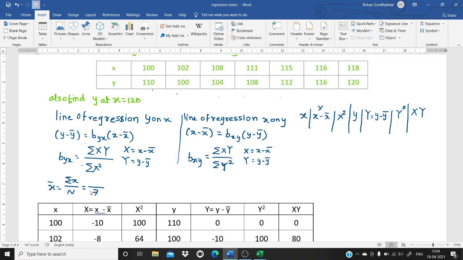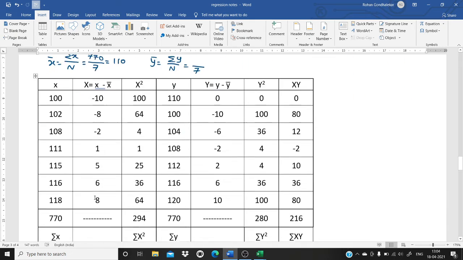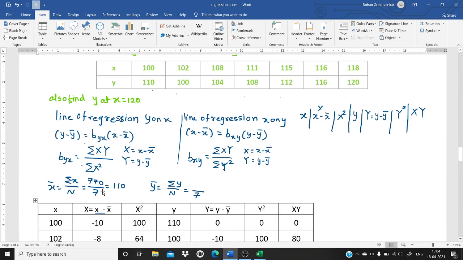So we'll have 770 upon 7, which gives me 110 as my x bar. The y bar is equal to summation y upon n. The n is again the same, that is 7. See, the summation of y is again the same, 770. So the mean y bar will be 110, no doubt.